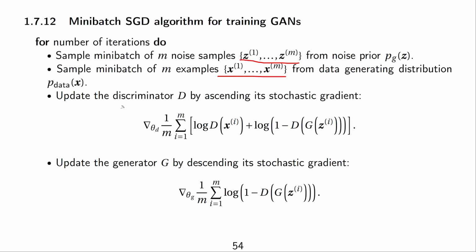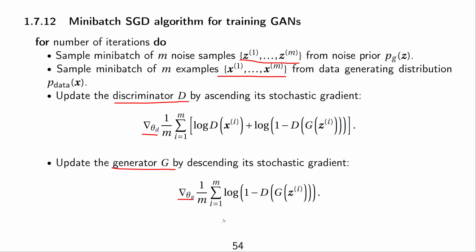Then we update the discriminator according to the equation, and then we update the generator according to the equation before. To perform the update, we have to compute the gradient with respect to the discriminator variables, and the gradient with respect to the generator variables.